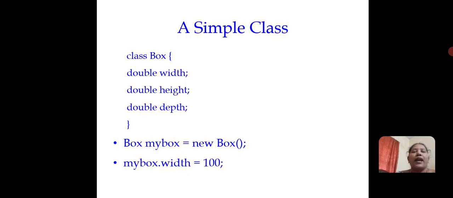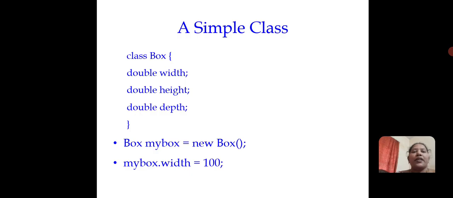So how you access the class outside of this particular class Box is only through the object. You define an object as Box, the name of that class, followed by the object name. The object name is myBox equal to new. This new is a keyword that you have to use whenever you are creating an object, followed by Box(), which is considered a constructor and should have the same name as the class.